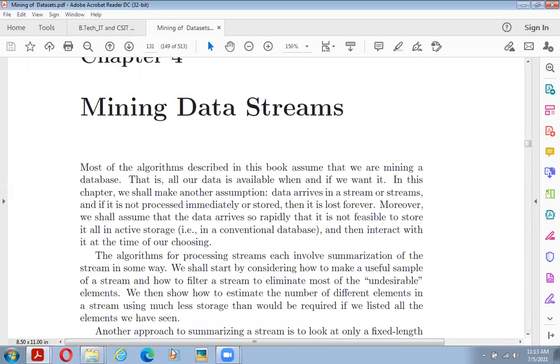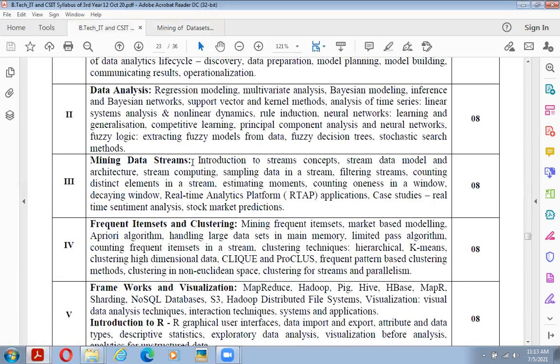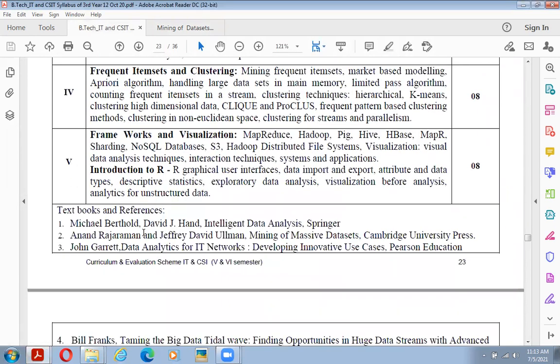Mining data streams, that is unit 3, this one. This is taken from this textbook and reference book.